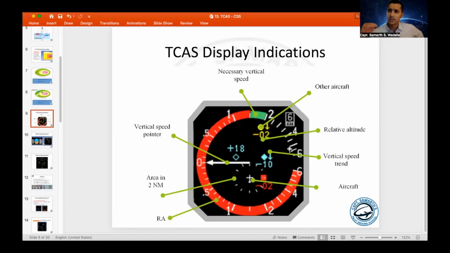So let us start discussing these targets and the indications of these targets from the least threatening to the most threatening. What is the least threatening target on screen? If this is your aircraft, the least threatening target is a hollow diamond. That hollow diamond is accompanied by additional symbology, plus 1/8.